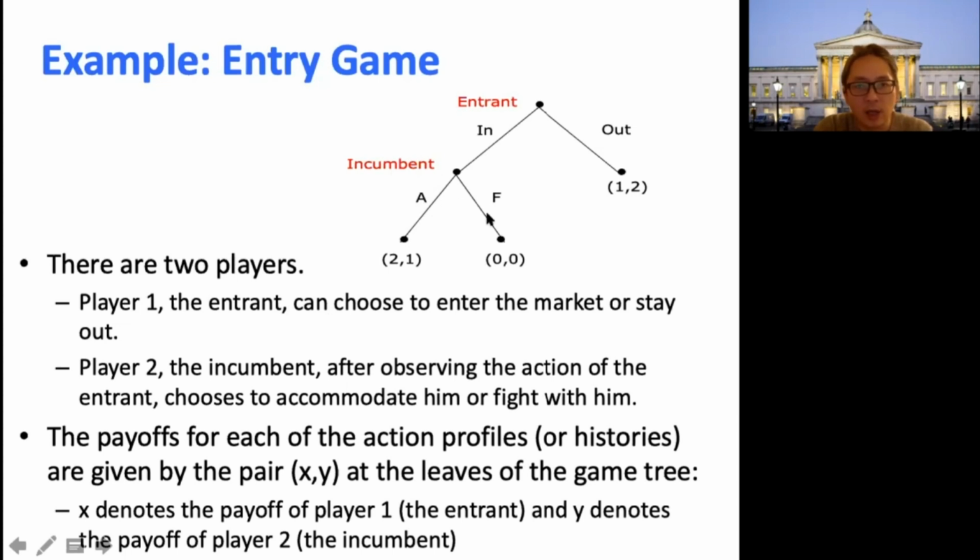So they've got A and F. And once this finishes, you get the result of the game, written such that the first number is the payoff for agent one, and the second is the reward for agent two.